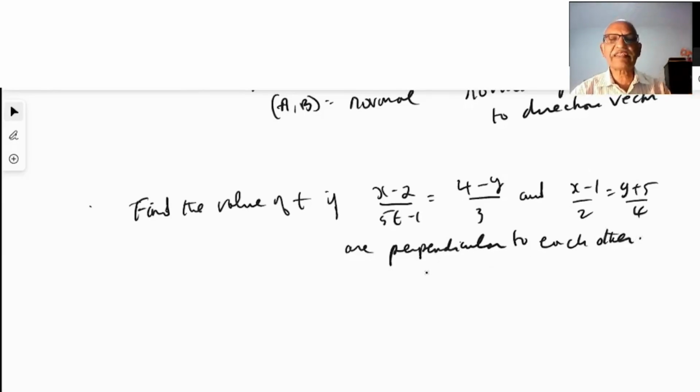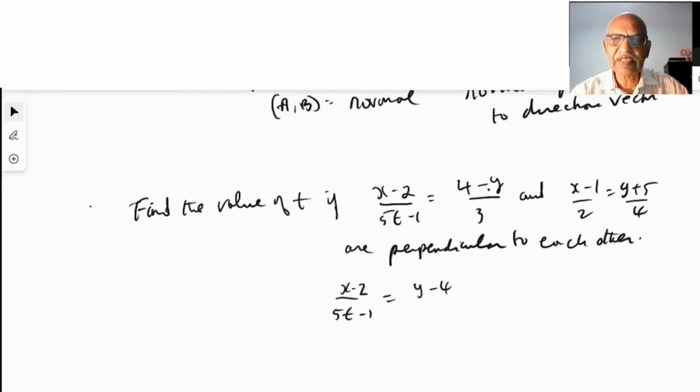Both are written in symmetric form, but let's see if they are written in the right form. The first one, x minus 2, is okay, but this is 4 minus y. A symmetric equation always starts with a variable, not with a number. Therefore, I change this to (x minus 2) over (5t minus 1) equals (y minus 4).